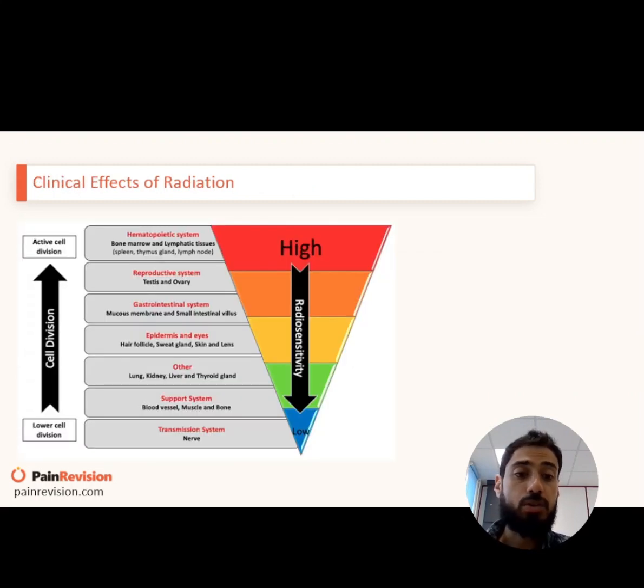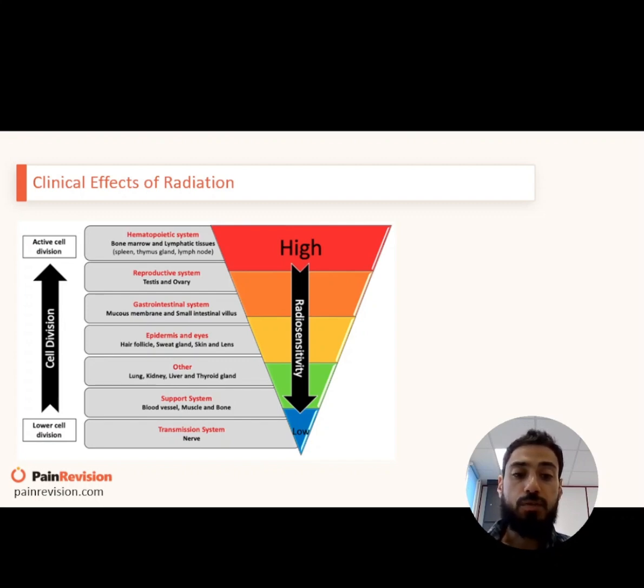Before you start talking about how to safely manage radiation or reduce exposure occupationally, it is important to be aware of, and it is also something that has been asked: what are the dangers of ionizing radiation? How can it affect the body?